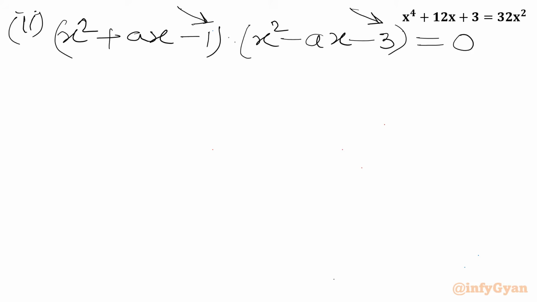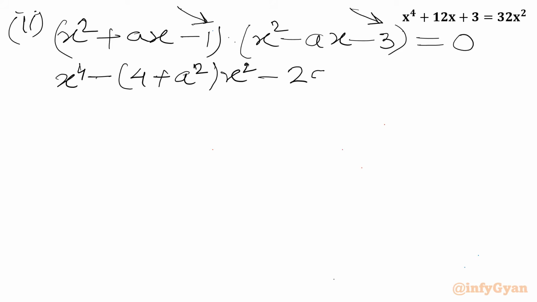Now I will expand the LHS. So we will get x^4 - (4 + a^2)x^2 - 2ax + 3 = 0. Now I will compare with our original equation 1, and let us say this is our equation 3.